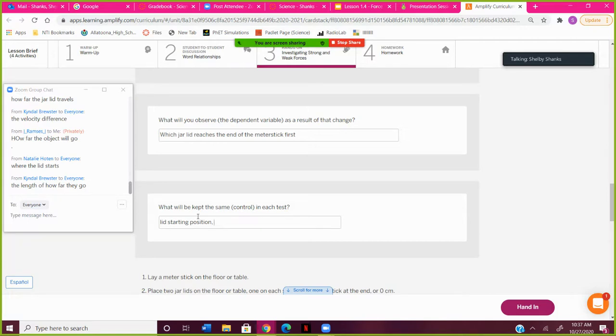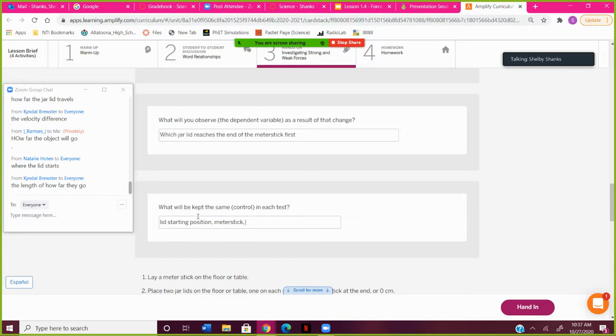So the meter stick is how we're measuring or seeing what we observe. We're using that meter stick all the time, so that meter stick isn't going to change. How far they go could possibly change, but that's not what we're looking at.